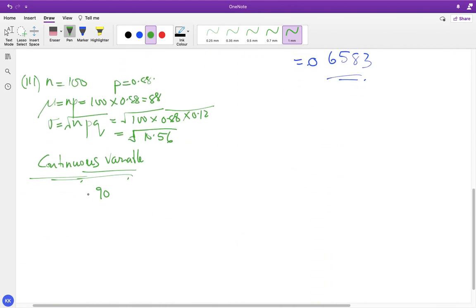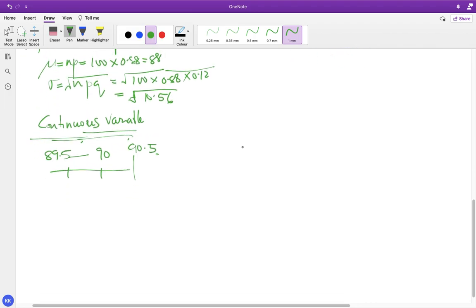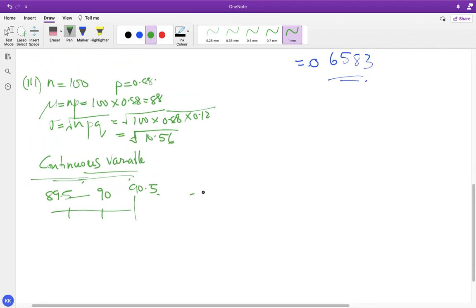What is the lower bound here? For 90, the lower bound should be 89.5 and the upper bound should be 90.5. The mean mu is 88, so at least 90 should be somewhere here and more. That's the region I'm looking at.